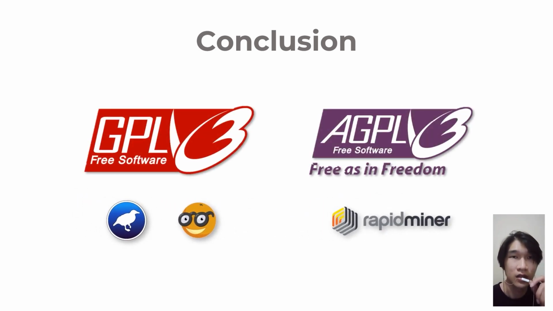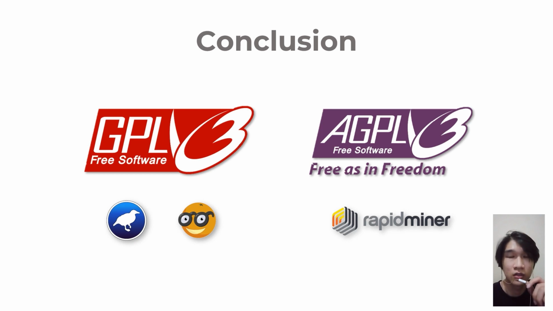Weka and Orange use the GNU General Public License, while RapidMiner uses the Affero General Public License, AGPL. Actually, it's about the same, they're using the GNU, but yeah, it's different just because RapidMiner used Affero for the license.